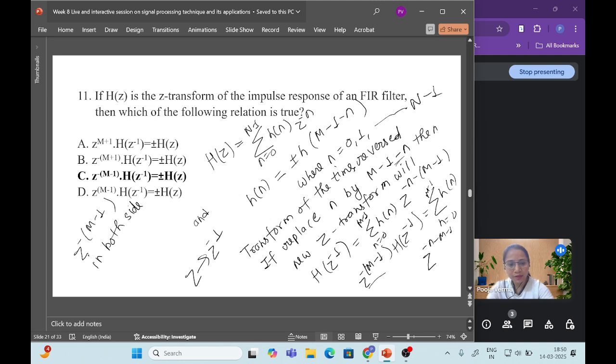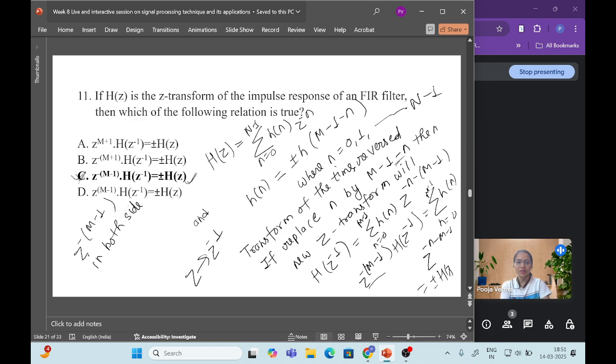So you get z to the power minus (M minus 1) times H of z inverse is equal to plus or minus H of z. By the symmetry and anti-symmetry property and multiplying both sides by z to the power M minus 1, this relation holds true. Option C is the correct answer for this question.